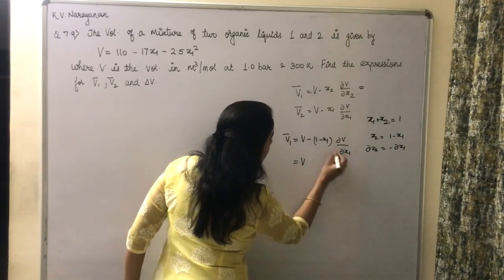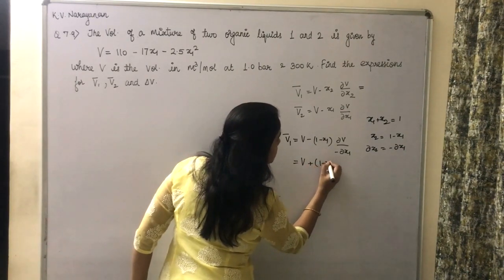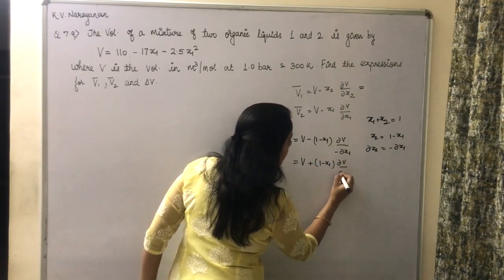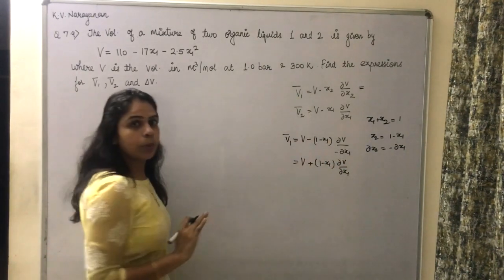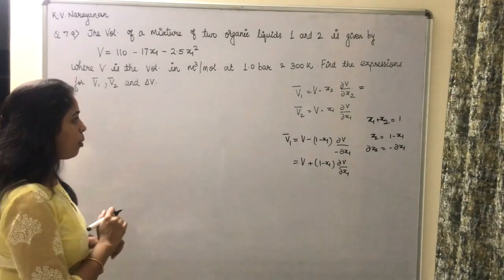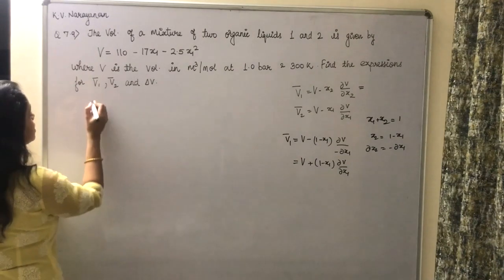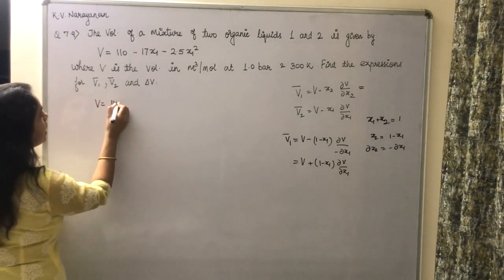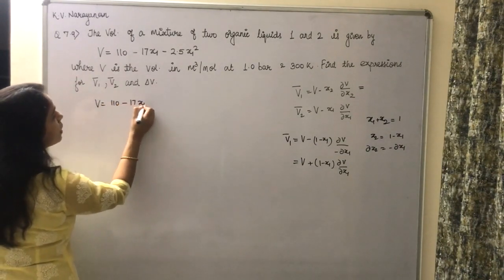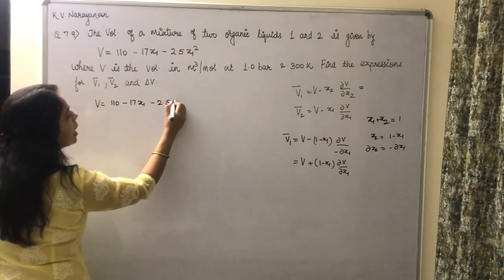So we get minus minus plus, that is, (1 - x1) ∂V/∂x1. I have already explained this in partial molar properties. So let's solve this. First we have V = 110 - 17x1 - 2.5 x1².